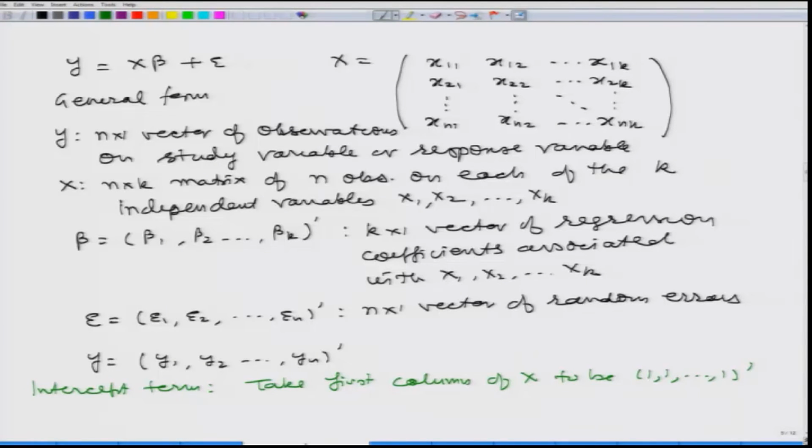And then correspondingly this beta 1 will become the intercept. Right. So now onwards we will start with the model y equal to X beta plus epsilon, and we will not bother whether there is an intercept term or not.